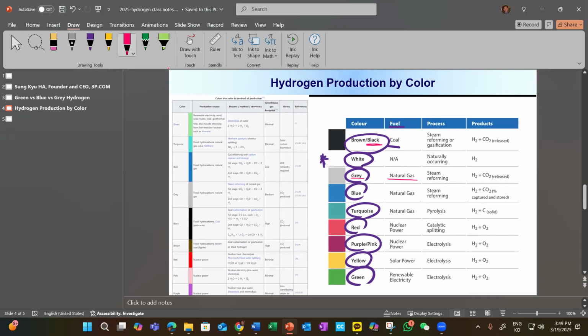So this is the blue, as I mentioned, the CCS captured. So this is CH4 and CH4, and actually this is also CH4.